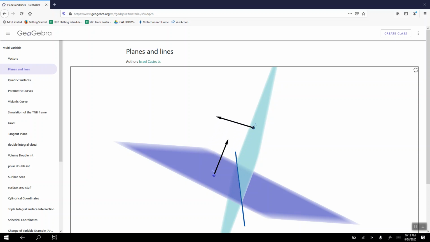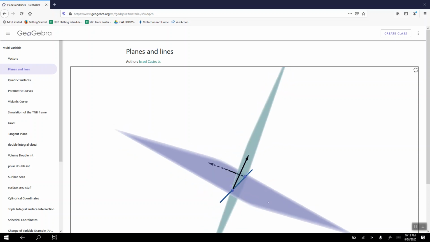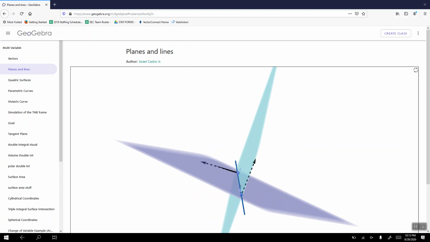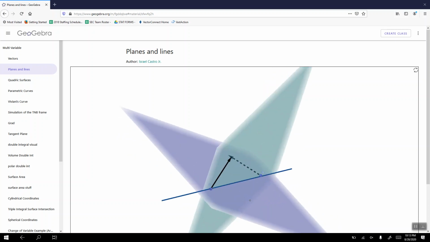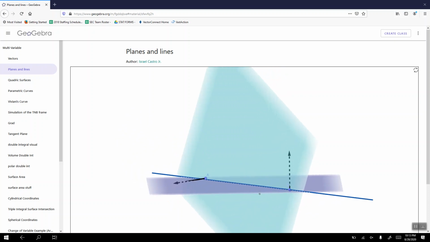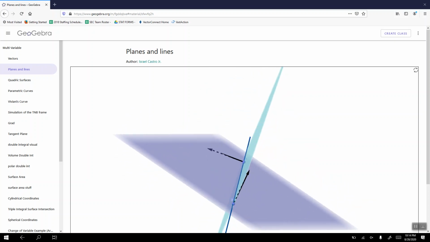A normal vector to one plane, because that line intersects both planes, that line must exist on both planes. Hence, both normal vectors must be orthogonal to that line. Keep that in mind. Both normal vectors will be orthogonal to that line.